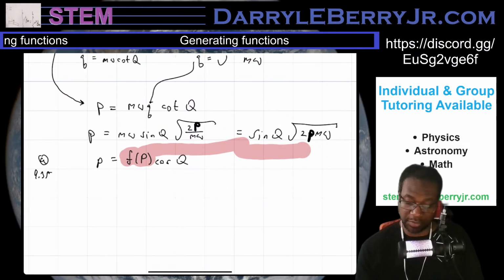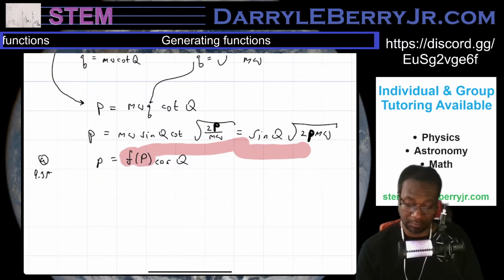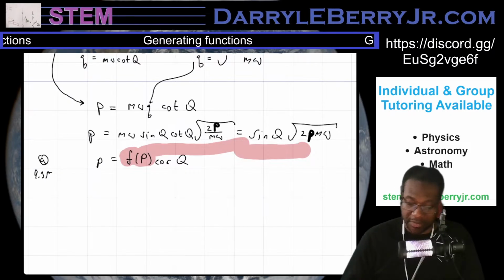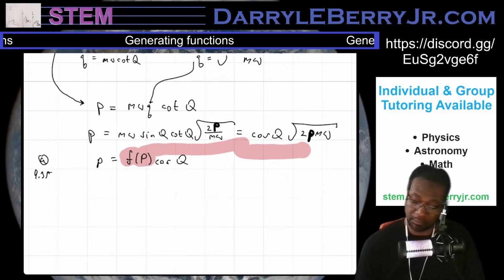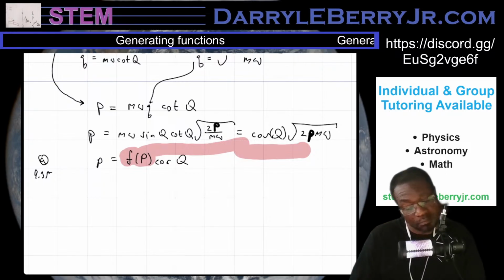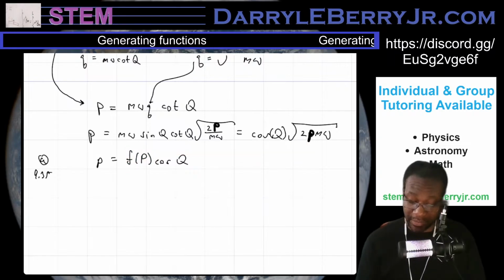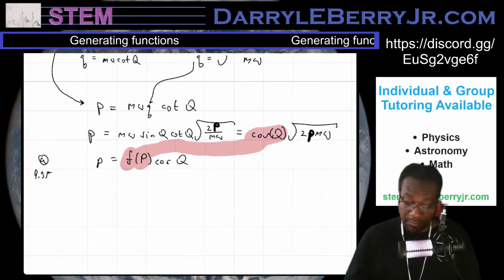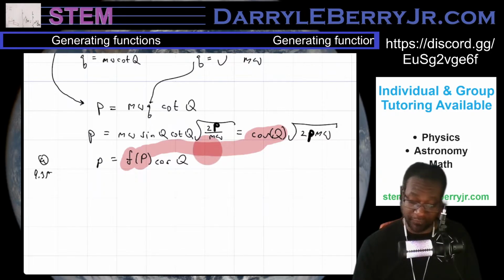Because I forgot my cotangent Q. The cotangent is cosine over sine, so that just leaves cosine. So that's why f of p equals that. This is 9.40.